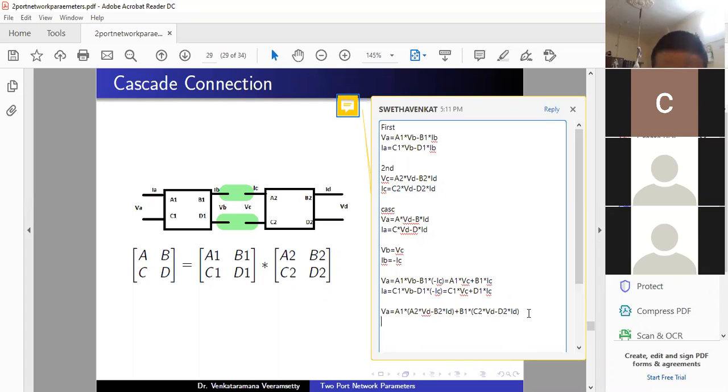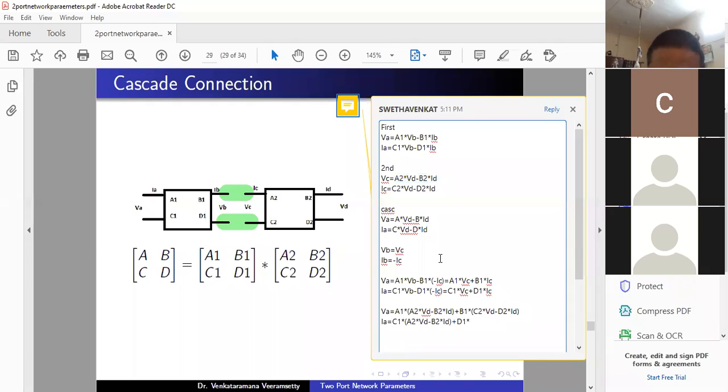Now what is the IA? So IA equal to C1 into VC, so C1 multiplied by VC means this one, and plus C1 into VC plus D1 multiplied by IC.